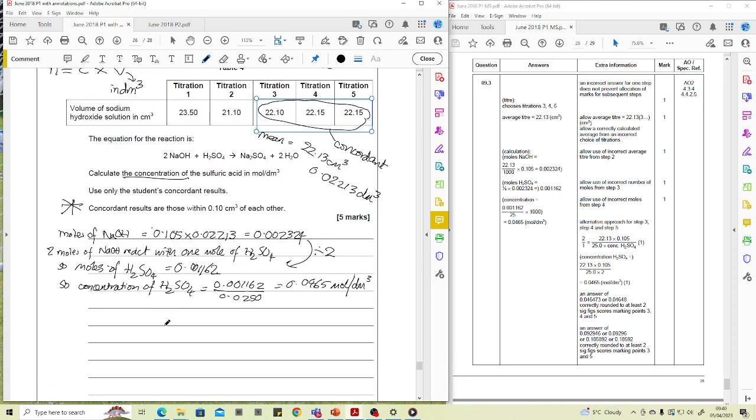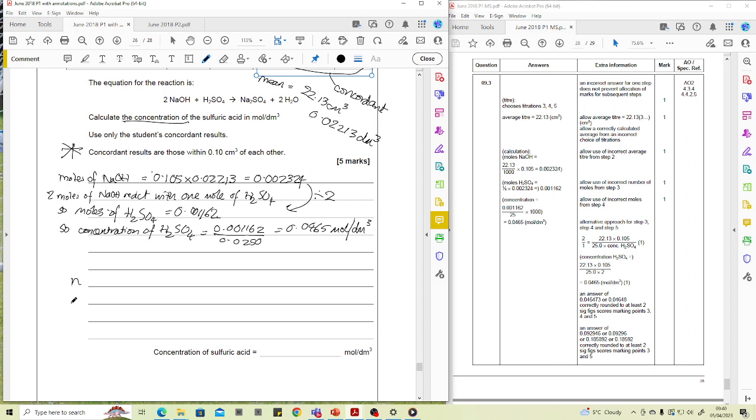Okay, there's our calculation done, and let's just do the table method as well. So we've got n, C, and V. So we've got 2 NaOH plus H2SO4. So we calculate our moles first of this one, 0.002324.